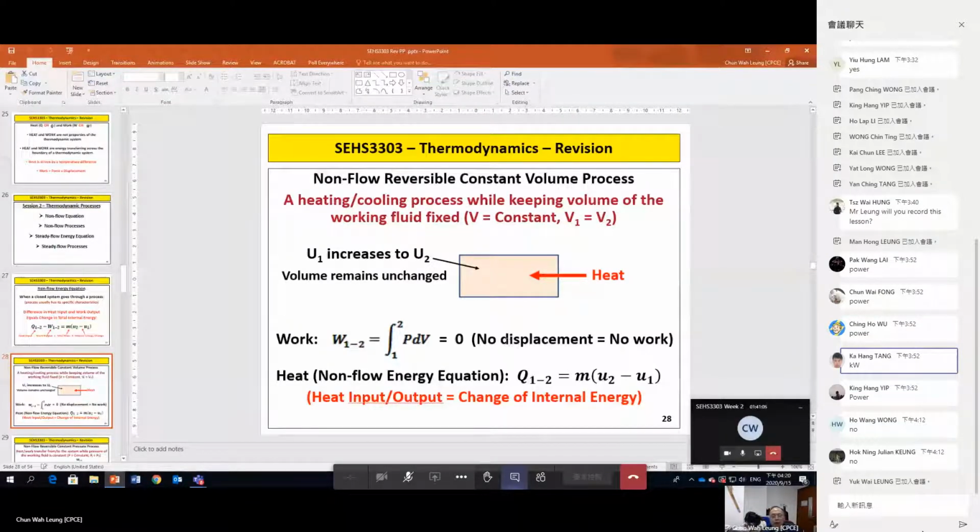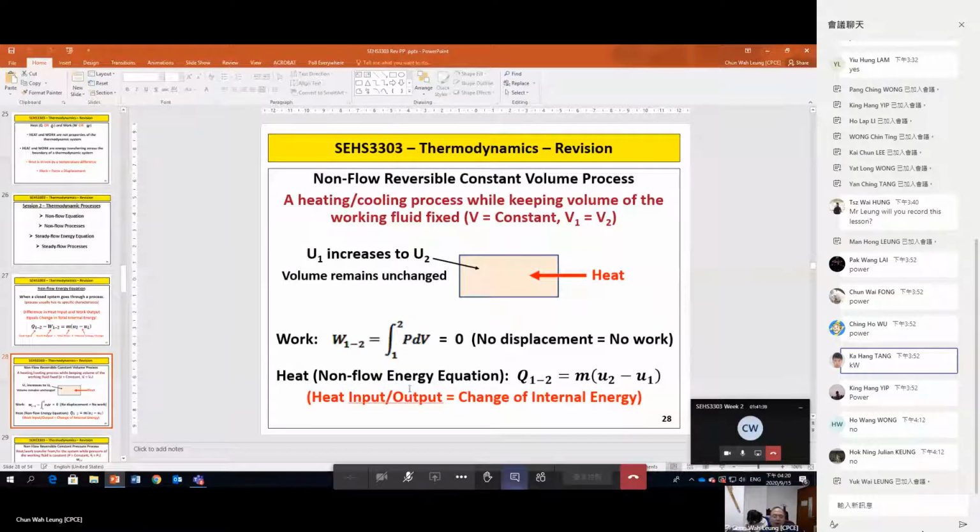But now we do not have any displacement because there's no movement, no change in volume, therefore there's no displacement, 0 displacement. Force times 0 displacement gives you 0 work. So therefore, no matter whether you're using the integral of 1 to 2 of P dV, or using Newton's second law, both give you the same thing. That is, for a constant volume process, no work.